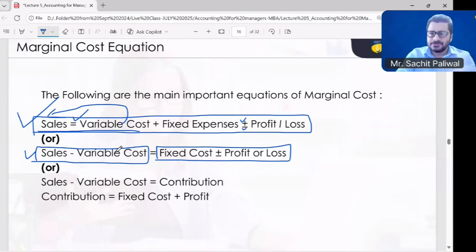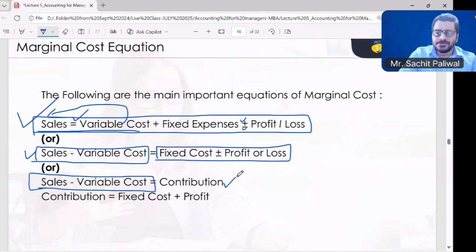Yes, we can change the equation. Now, sales minus variable cost is known as contribution. So we can say the contribution is equal to fixed cost plus profit. Now the next question is, what is contribution?